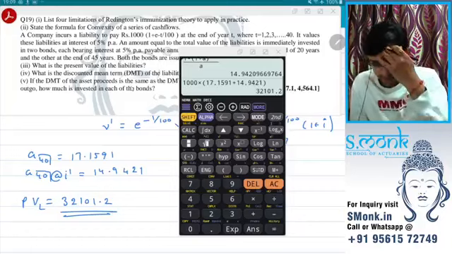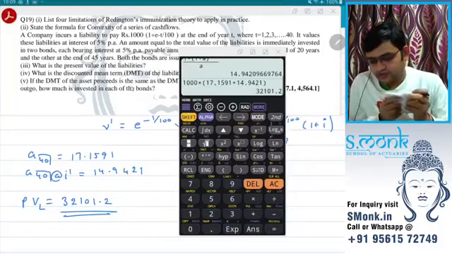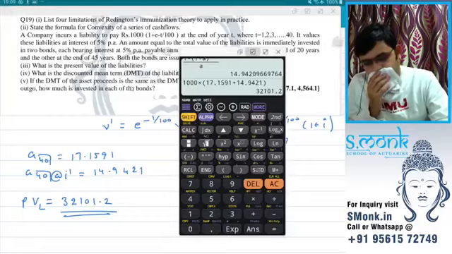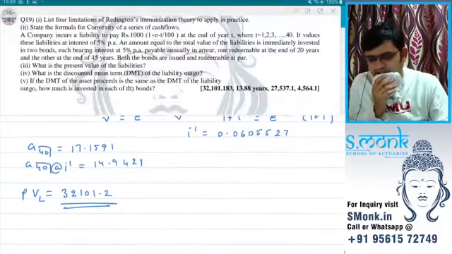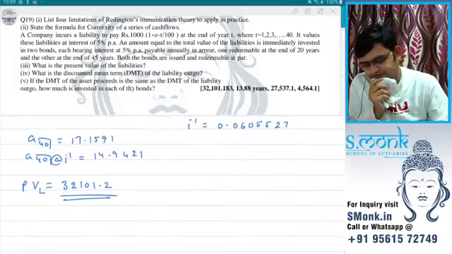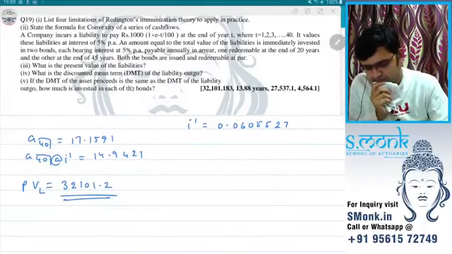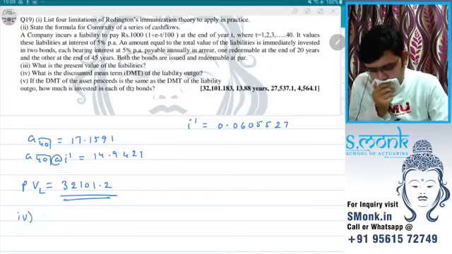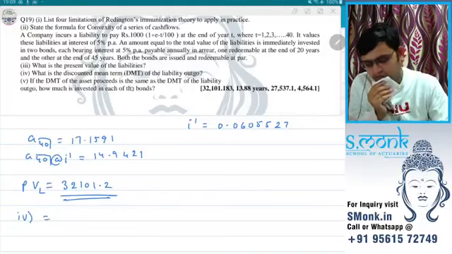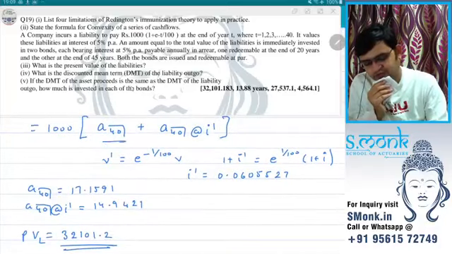Present value of liabilities. This is the discounted mean term of the liability outgo. For DMT, we'll just make it into increasing and increasing.